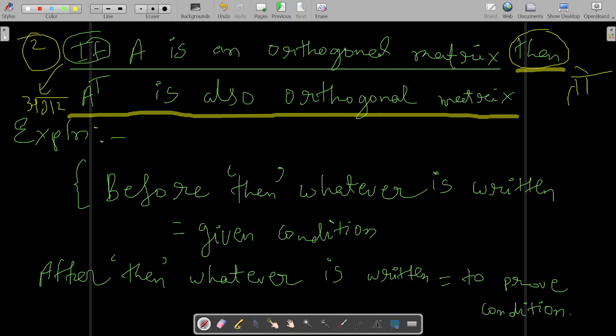So if this, then this. Obviously this is the given one, and this is to be proven.